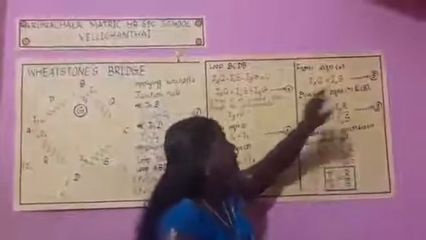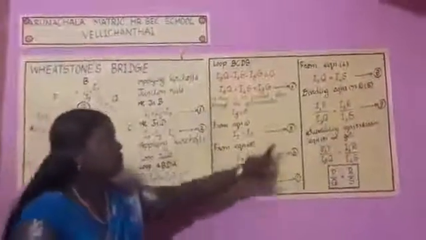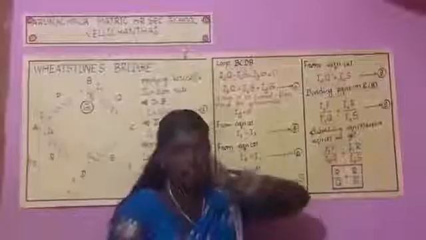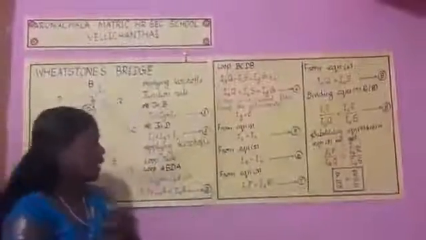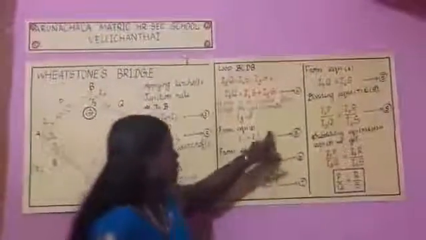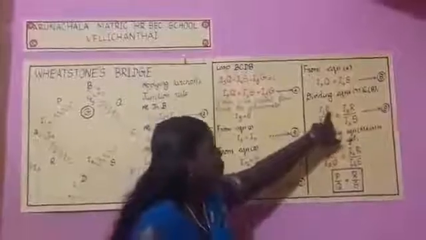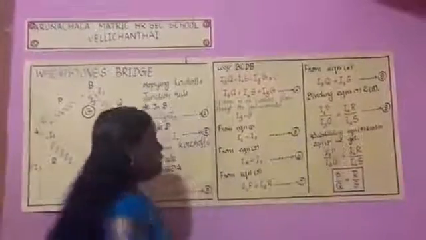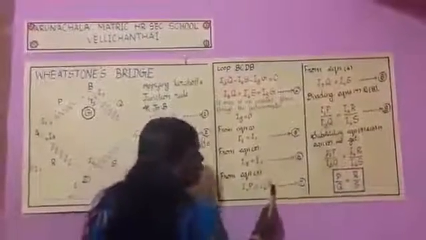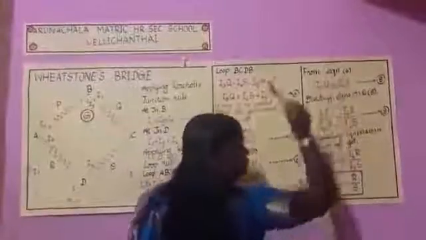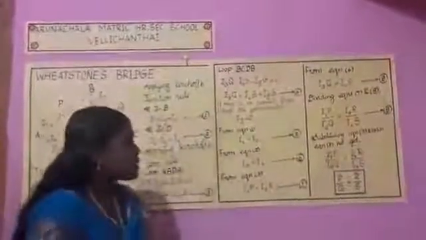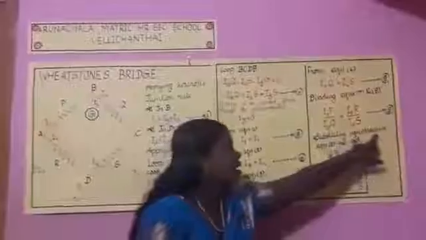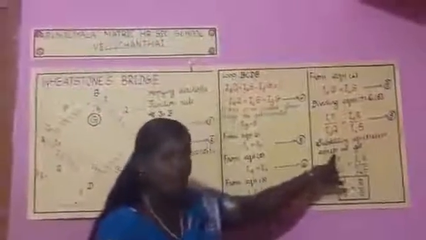Okay. The next, dividing equation 7 and 8. Now divide these two equations. So I1P divided by I3Q equals I2R divided by I4S. The next is substituting equations 5 and 6 in equation number 9.